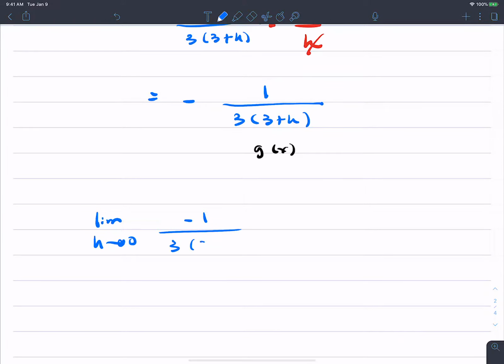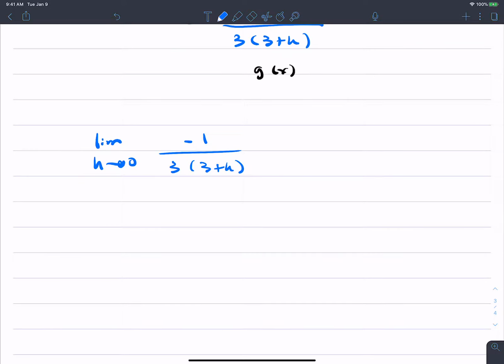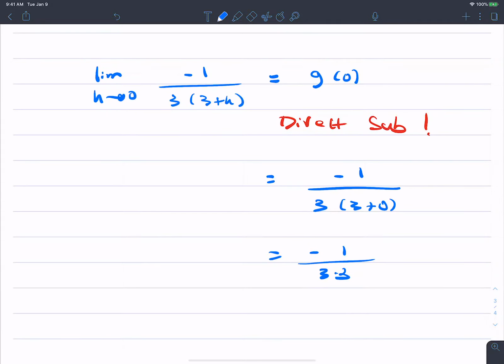Doesn't matter. And you can say, can I use direct sub here? And I'll say, yeah, look at g of 0 now. This is again by direct substitution. And then g of 0 is negative 1 over 3 times (3 plus 0), which is negative 1/9.